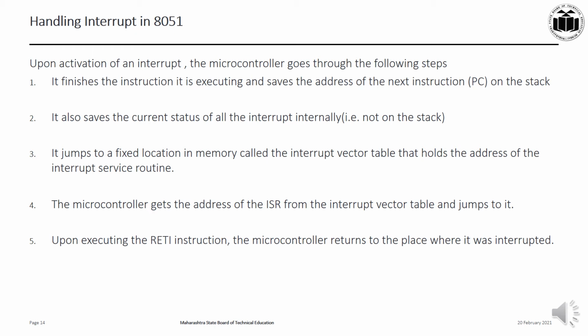The microcontroller gets the address of the ISR from the interrupt vector table and jumps to it. It starts to execute the interrupt service subroutine until it reaches the last instruction of the subroutine, which is RETI, return from the interrupt. And lastly, upon executing the RETI instruction, the microcontroller returns to the place where it was interrupted.